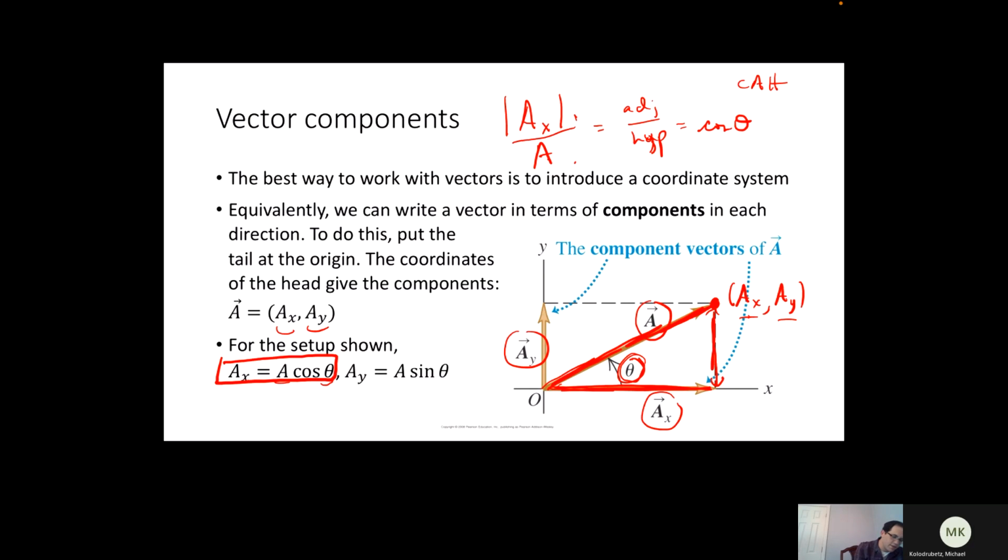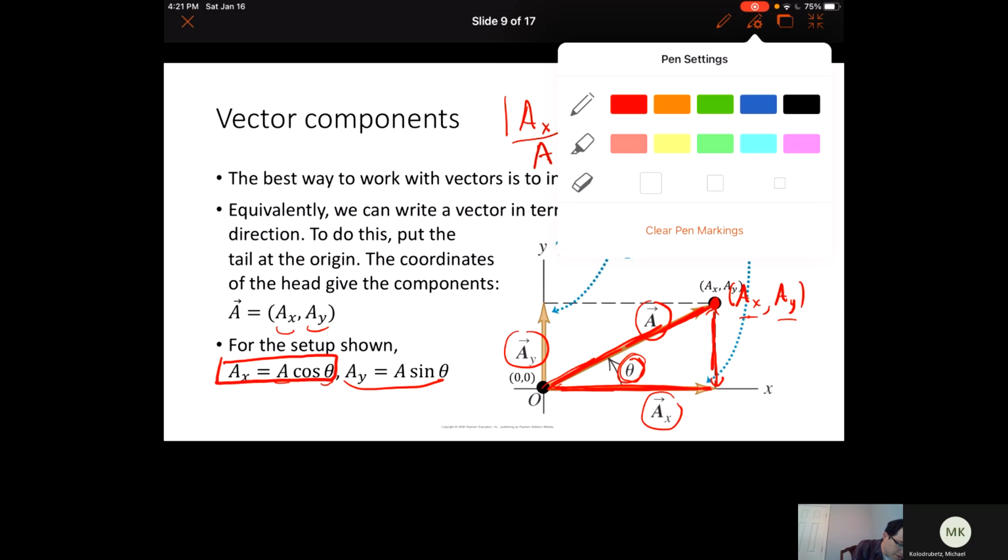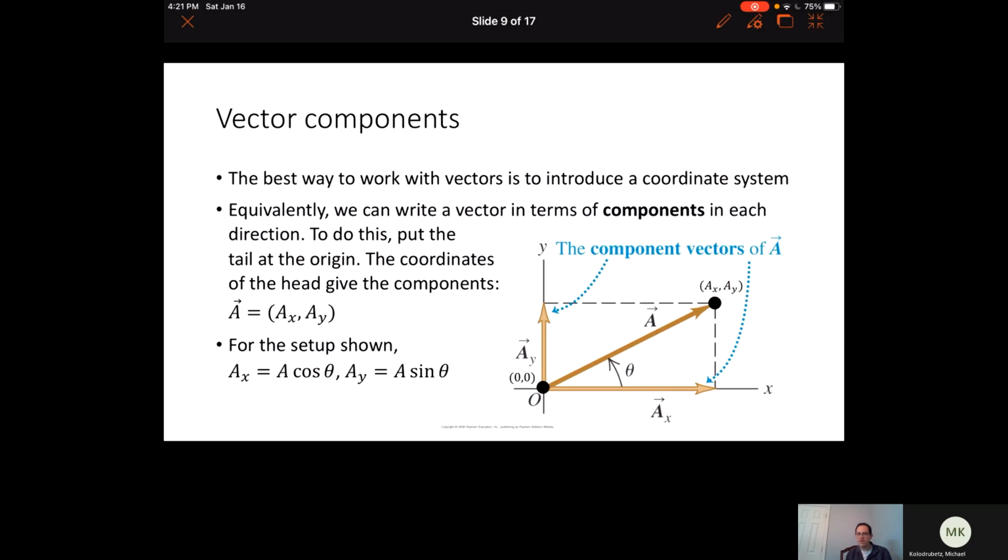So sine of theta is equal to opposite over hypotenuse, and you can very easily convince yourself that that's the magnitude of A_y. So for this particular vector I've shown, the x component is A cosine theta, and the y component is A sine theta. So when I break the vector up into components, I'm going to be able to do things very nicely with trig, and it's going to make the math a lot easier.